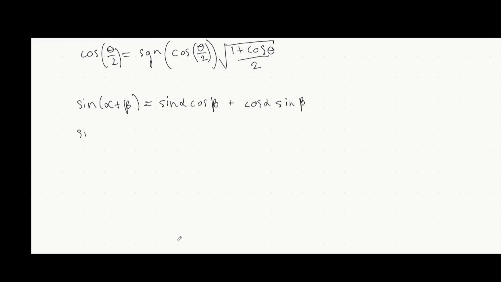So that means if we just want 2 theta, that's sine of theta plus theta, which is sine theta cosine theta plus cosine theta sine theta. But we know that those two terms are the same thing, just flipped around, so we can just rewrite this as 2 sine theta cosine theta.